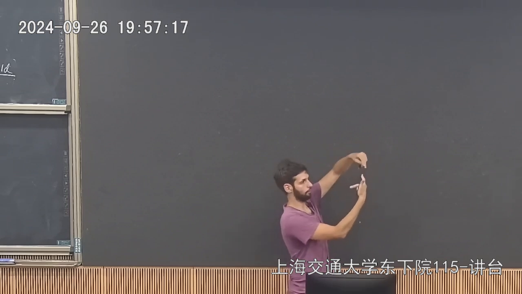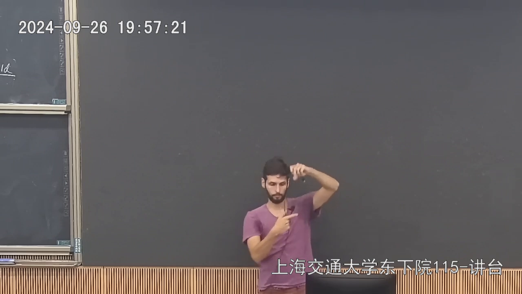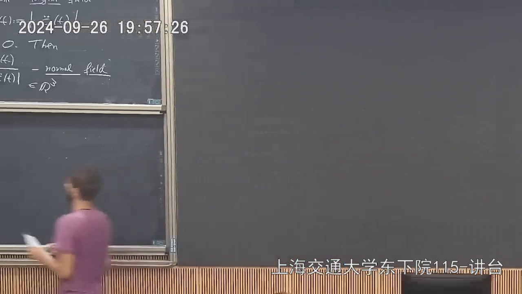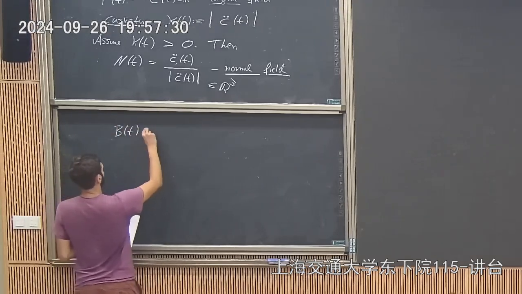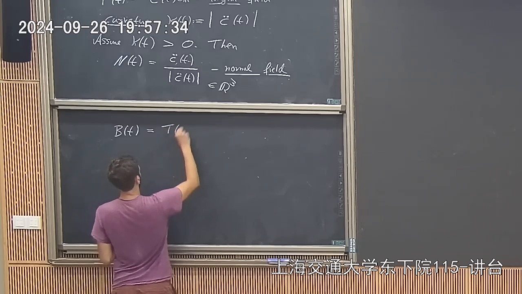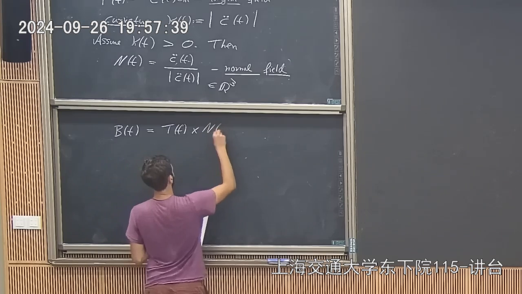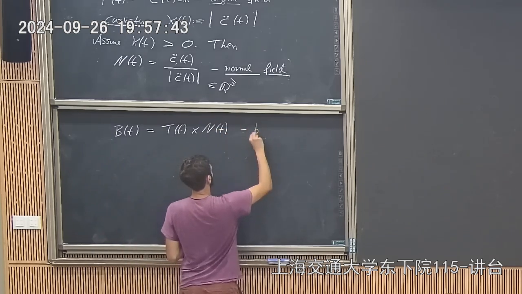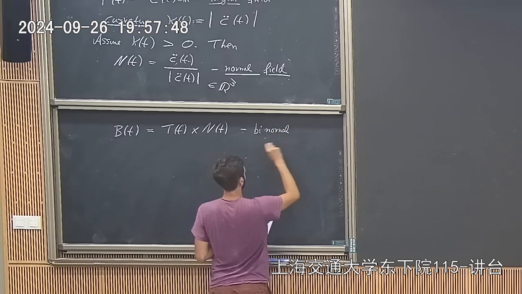And then you go along the curve like this to get a field of vectors at every point. And this vector that we can generate by this one is usually called B of t. And it's the exterior product of the tangent and the normal field.